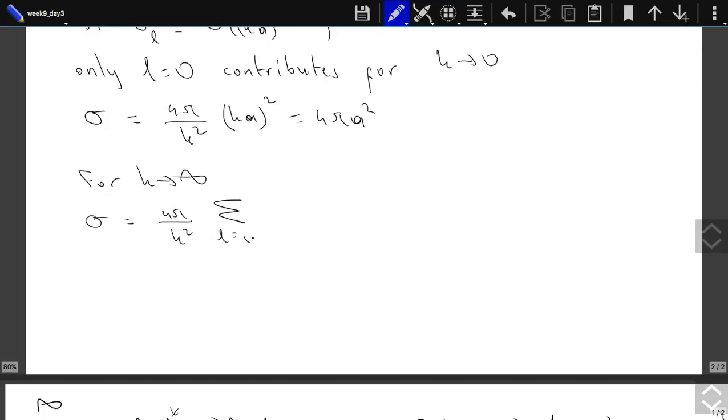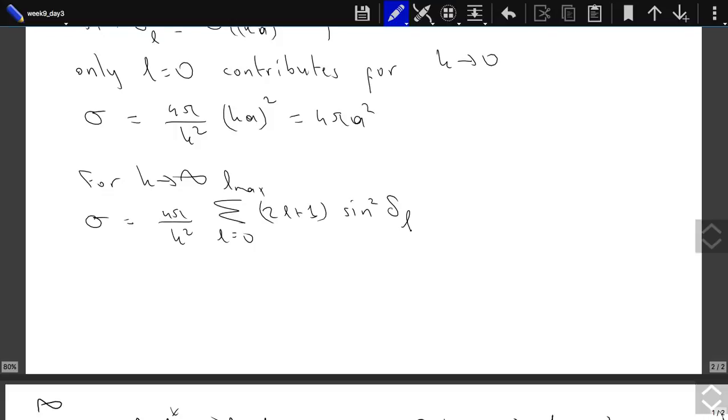L from 0 to L max of 2L plus 1 times sine squared delta L. Now first let's see, why does this L max come? Where does it come from?